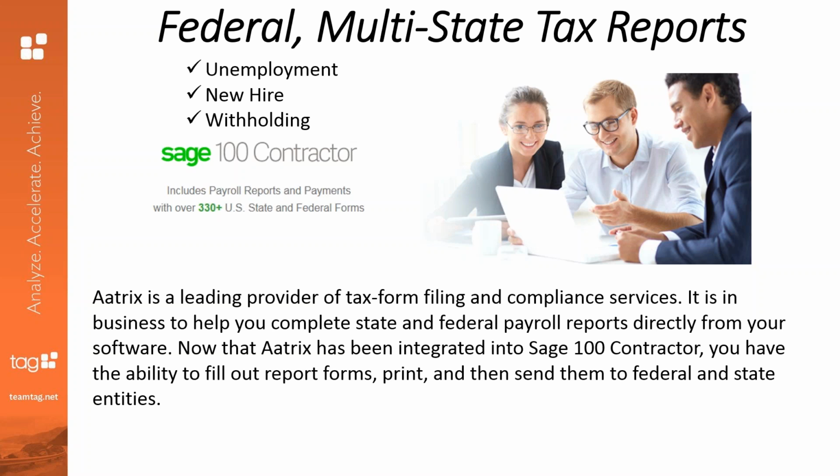You'll launch Sage 100 Contractor, and Atrix will generate your government forms with most of the information pre-filled automatically. And then you can easily review and make adjustments on the screen as needed. Then once you've verified the information's accuracy, you can print that form to plain paper and then process manually, or you can choose to e-file using the Atrix e-file center.